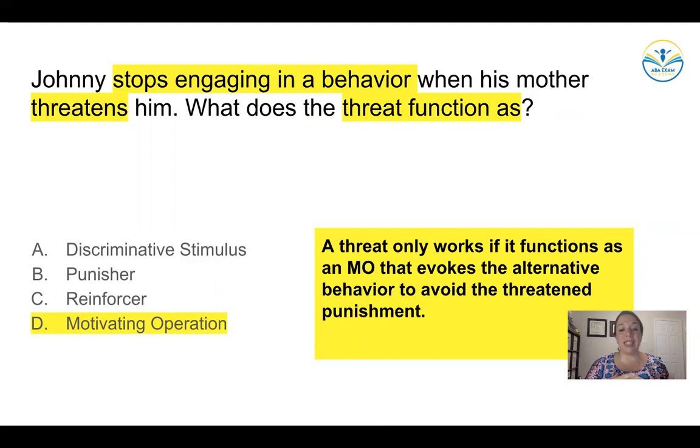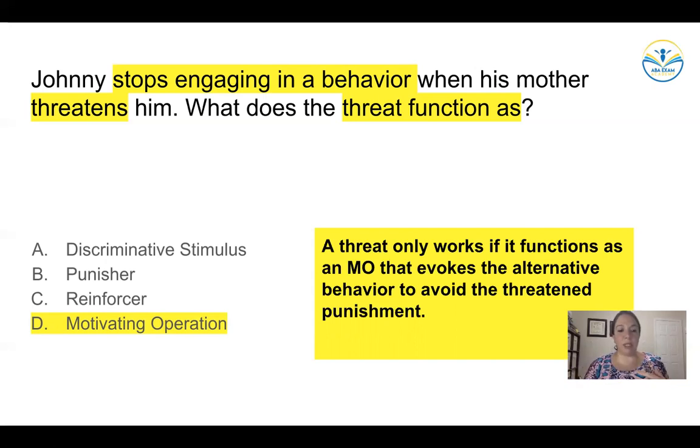It functioned as an MO, and this comes straight from Cooper, because that MO is evoking the alternative behavior to avoid the punishment. So because he's being told, even though the punishment didn't happen, there's an MO there that he doesn't want to get punished. You understand?